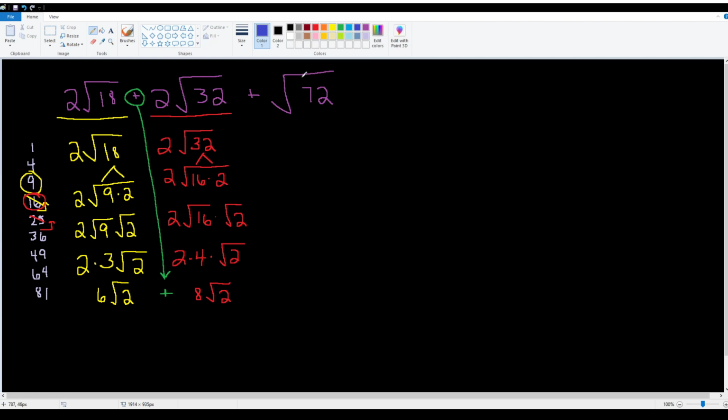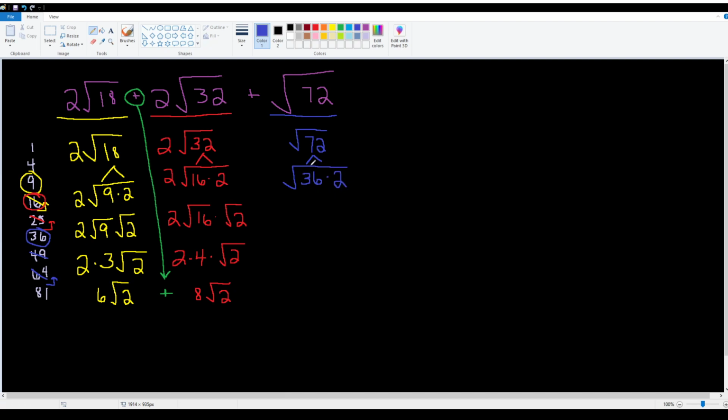So now let's work with the square root of 72. So I'm going to take that and I'm going to do the same thing. I'm going to simplify the square root of 72. So 72 is right here in my numbers, so I'm going to work with every number less than 72 that's a perfect square, and I'm going to see which one is the greatest perfect square. So I go through my list. 64 doesn't work, 49 doesn't work, but 36 does. So 72 is now going to split itself up into 36 times 2.